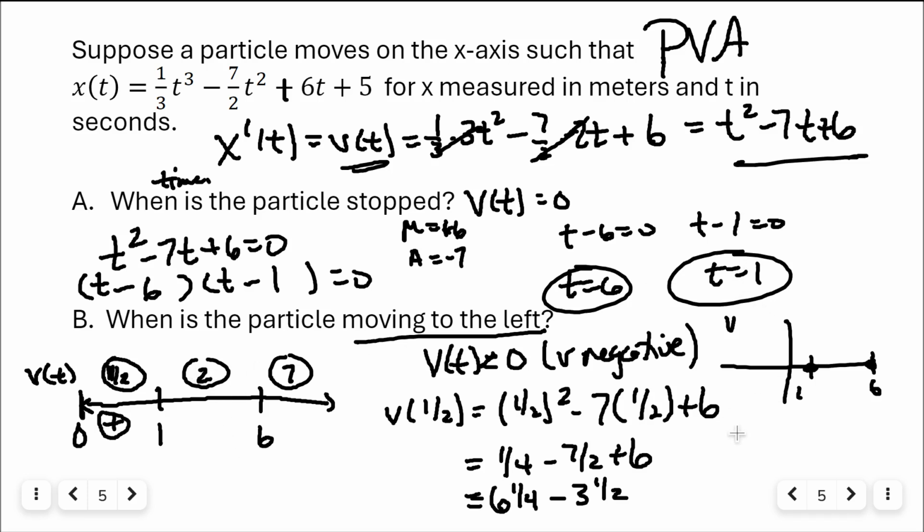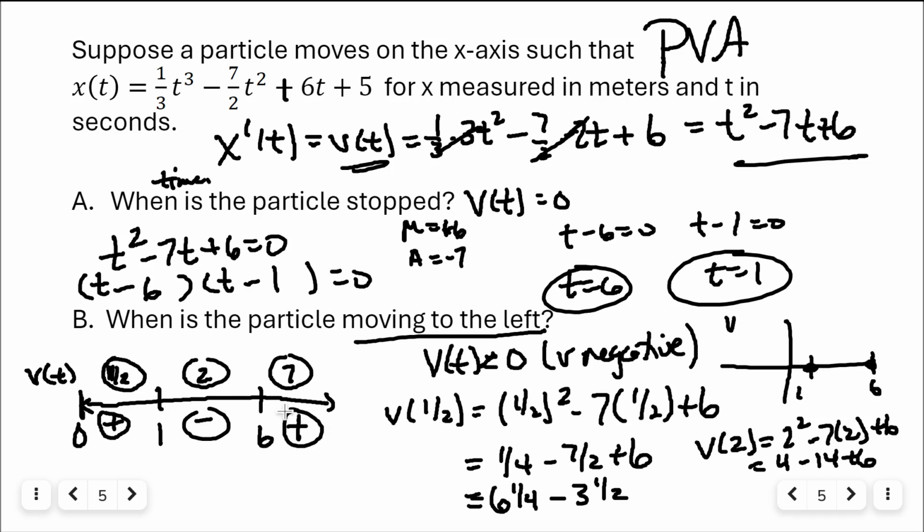If I put 2 in, v of 2 would be 2 squared minus 7 times 2 plus 6. So that's 4 minus 14 plus 6. So that's going to be a negative answer. And if I plug 7 in, we get 7 squared, that's 49, minus 7 times 7, it's also 49, so that's 0, plus 6, that's a positive answer. So when is the particle moving left? My velocity is positive here, so it's moving right.